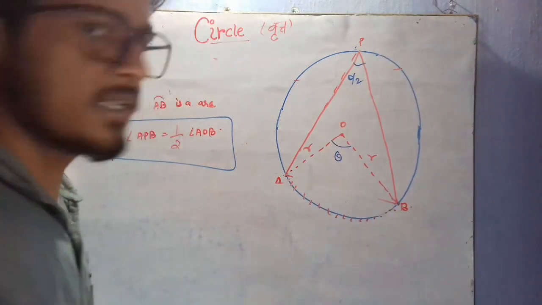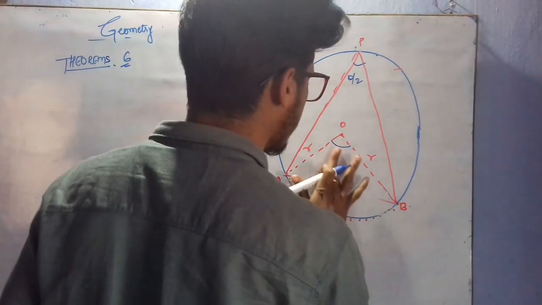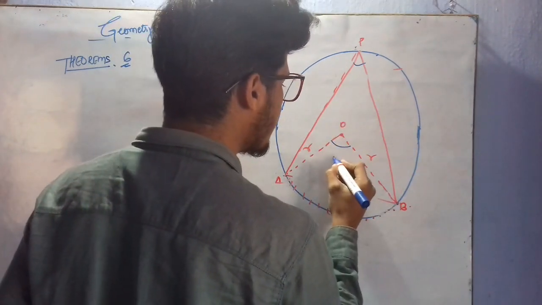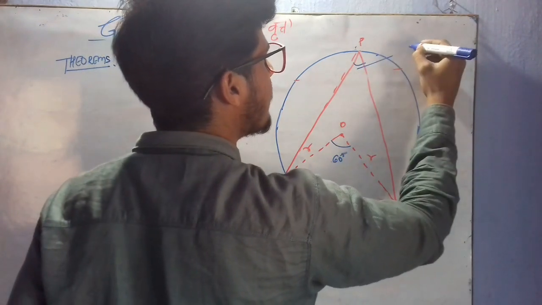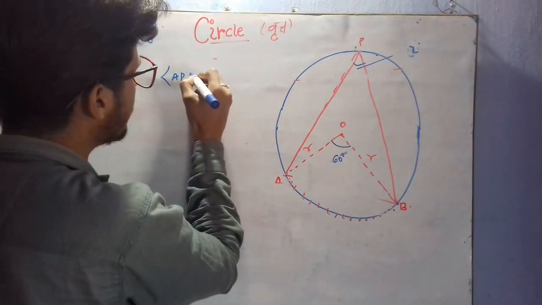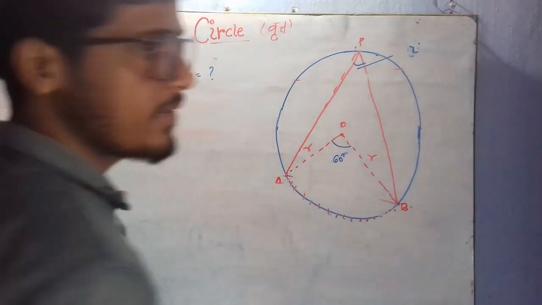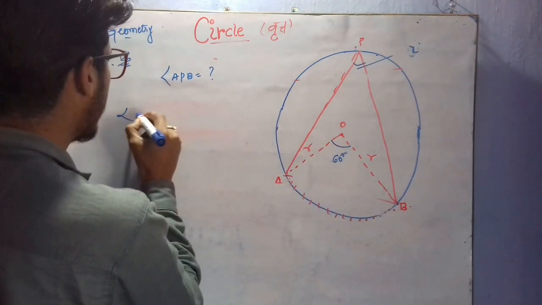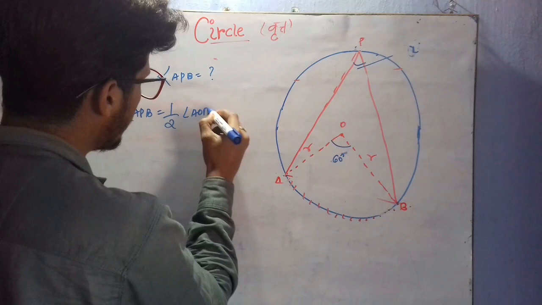Okay, let's take an example. Suppose it is given that this is 60 degrees. It is asked to find the value of x, that means the value of angle APB. So we know from the theorem that angle APB equals half of angle AOB.